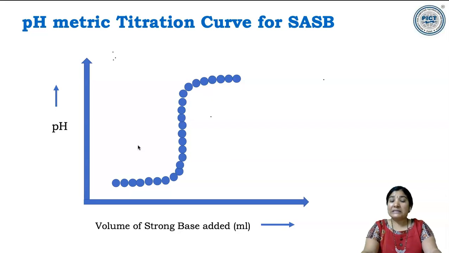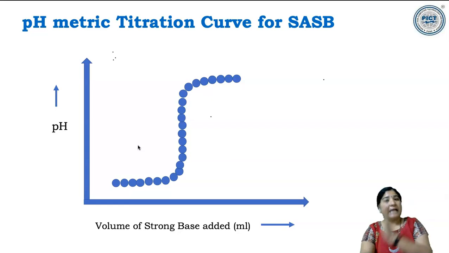Here we can see the inflection near the equivalence point. Just one inflection is seen for strong acid, strong base, since a single strong acid is added to a single strong base.